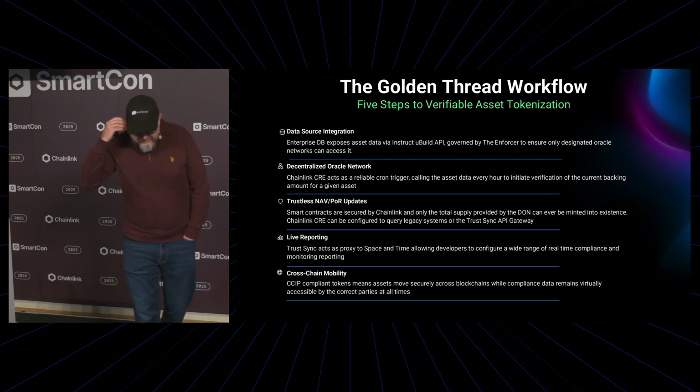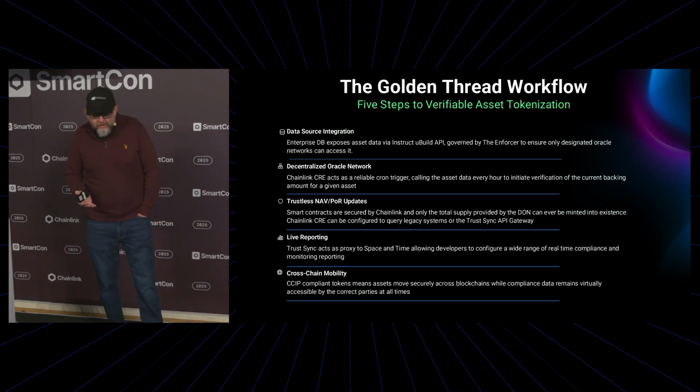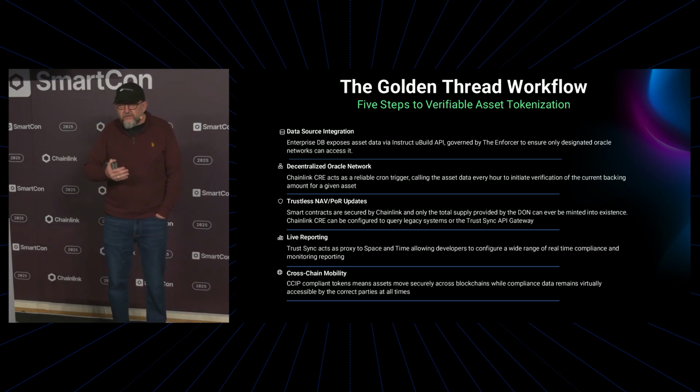So the first thing is the data. The CRE acts as the workflow to run the jobs and proxy the proof of reserves, so we're able to pass that information directly to the DONs.